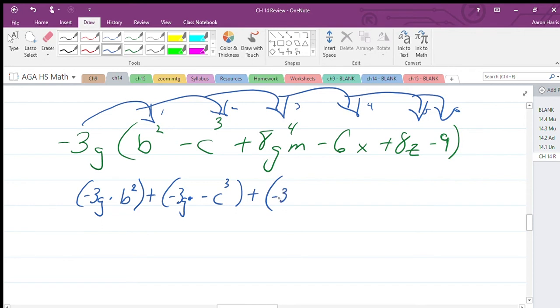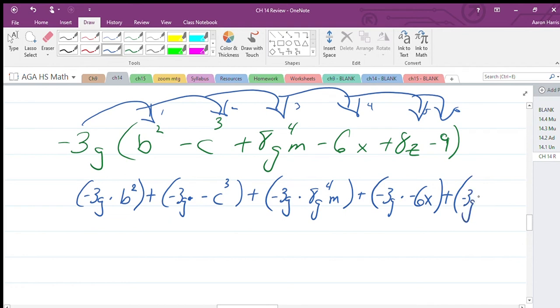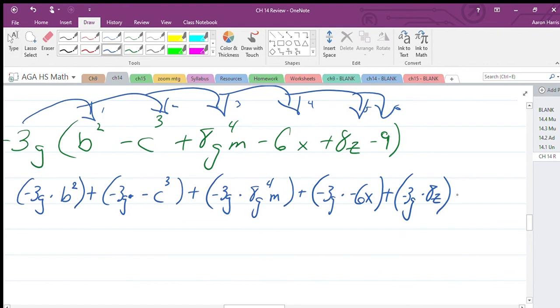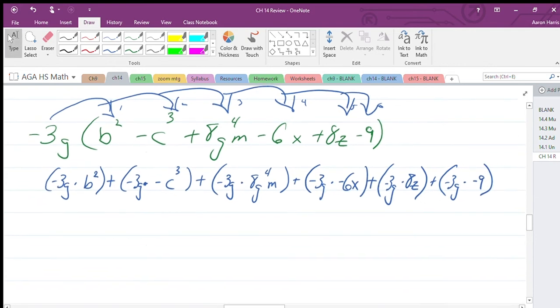So negative 3g times 8g to the fourth m plus negative 3g times negative 6x plus negative 3g times 8z plus negative 3g times negative 9. And now you just walk through it, okay?